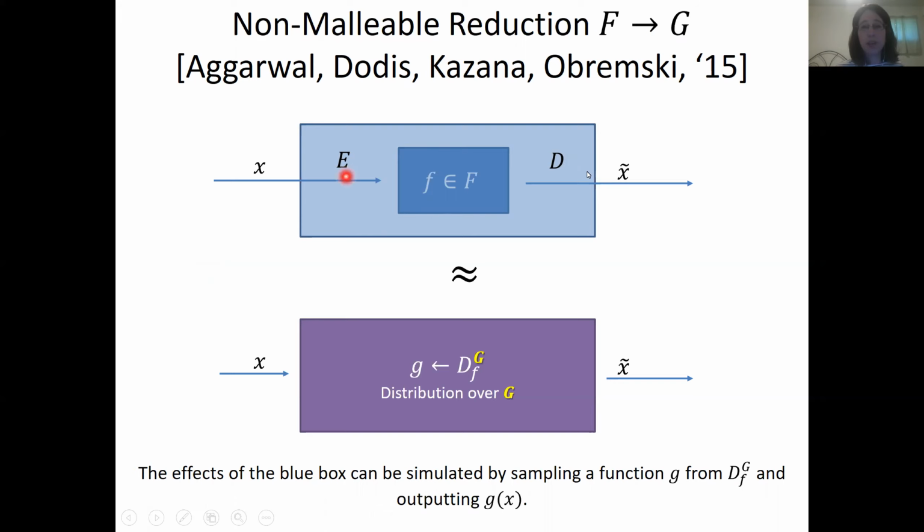So again, we have the same real experiment, but now we're going to say that the effects of this blue box can be simulated by sampling a function g from a distribution dfg, which is now a distribution over functions in the class G. So before we had a distribution over identity and constant functions, now we're allowing a distribution over functions in G. And at the end of the experiment, we output g of x.